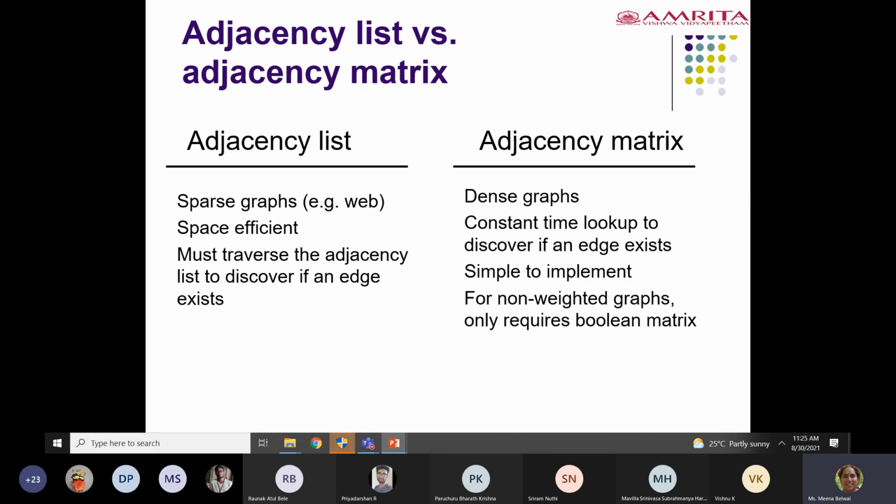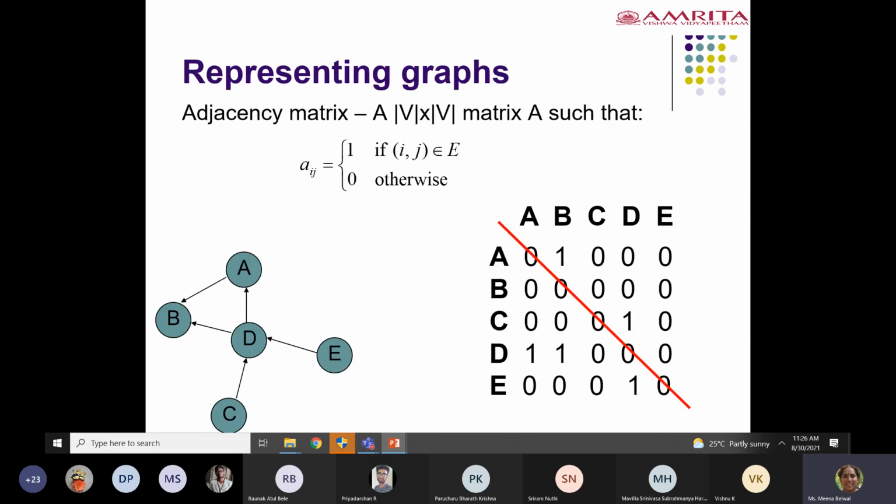Also, adjacency matrices are simple to implement. Another good feature is that if the graph is a non-weighted graph, meaning the graph that we saw had no weights on the edges, it's a Boolean matrix. The entries are only 0 or 1. But if it was a weighted graph, how do we change the adjacency matrix?